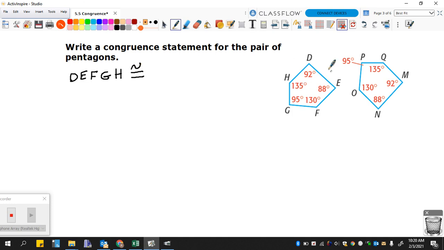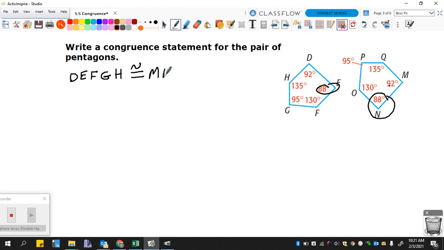D is 92, and 92 is over here at M. So that would be M. The second one is E. E is 88, so N is 88.